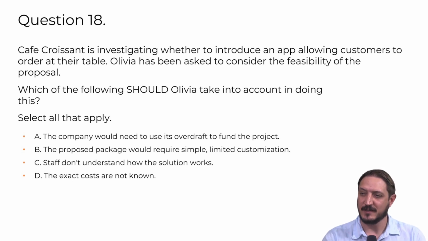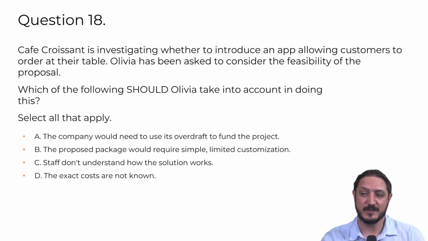Okay, so let's have a read. It says, Cafe Croissant is investigating whether to introduce an app allowing customers to order at their table. Olivia has been asked to consider the feasibility of the proposal. Which of the following should Olivia take into account in doing this? Select all that apply.